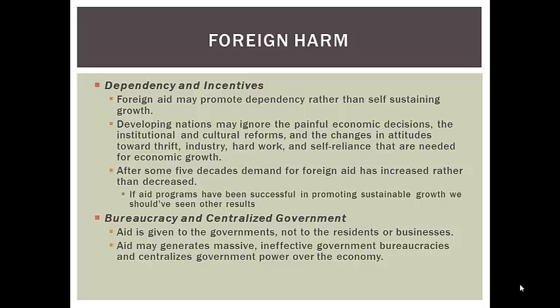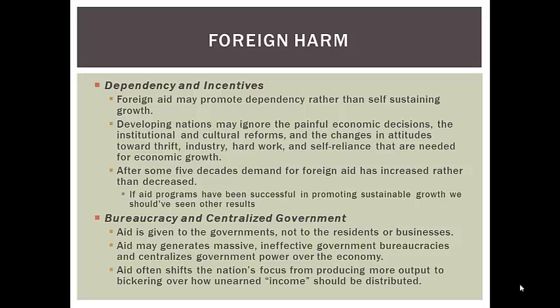So we're talking about cases of corruption, cases of ineffective government bureaucracies. As a result, the residents of the country did not see any benefits from that foreign aid, but government officials were becoming richer and gaining more and more government power.